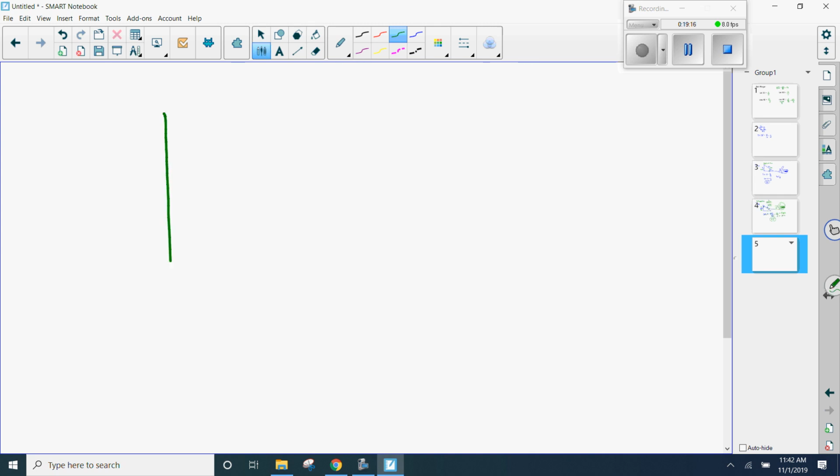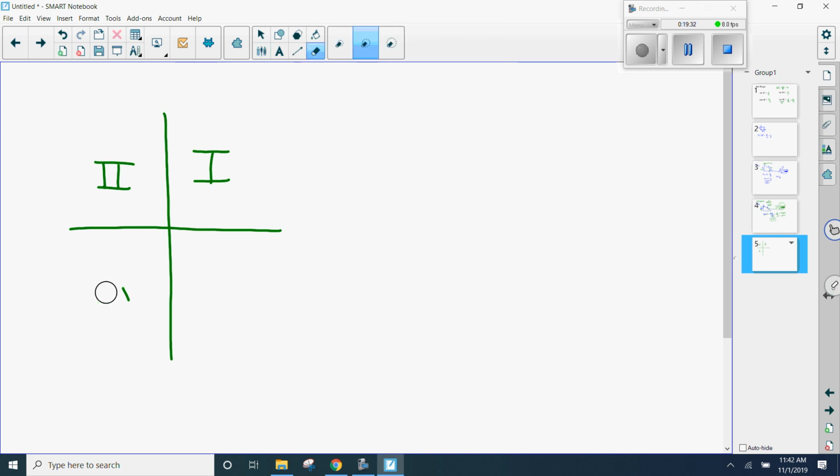So here's information you also need to know. When you talk about quadrants, quadrant 1 is the top right-hand quadrant. Then you go counterclockwise. So you have quadrant 2, quadrant 3, and quadrant 4.